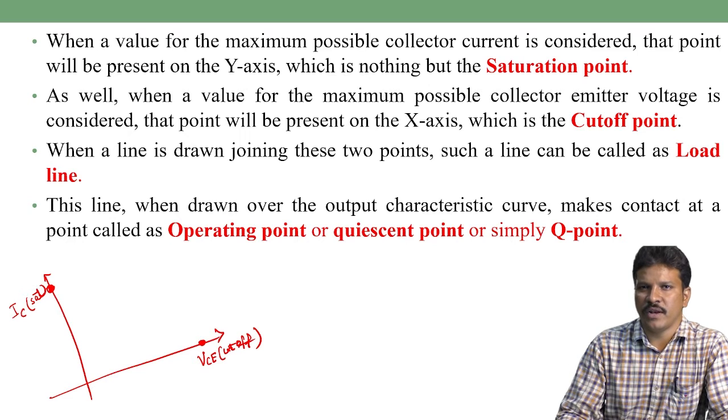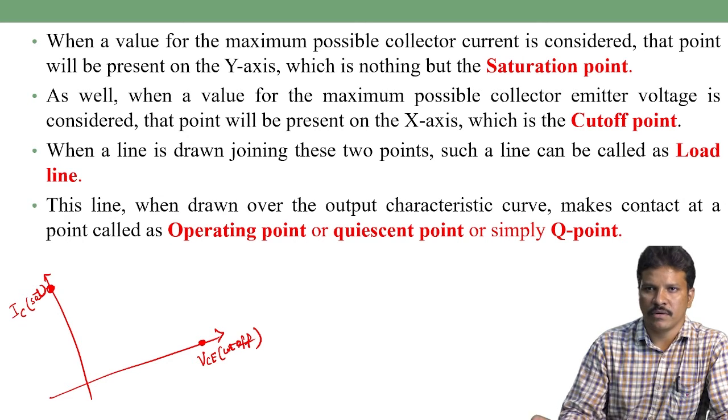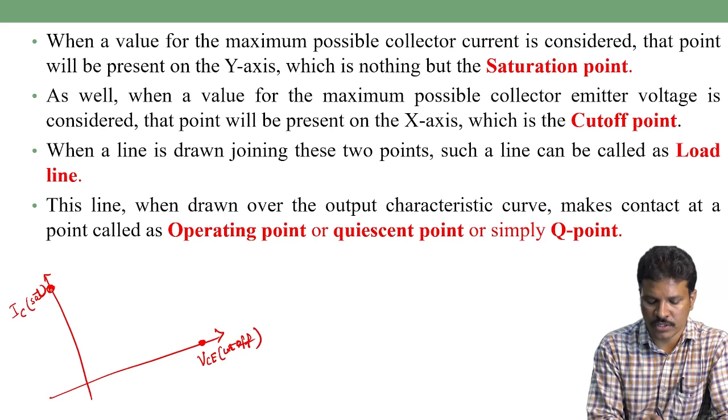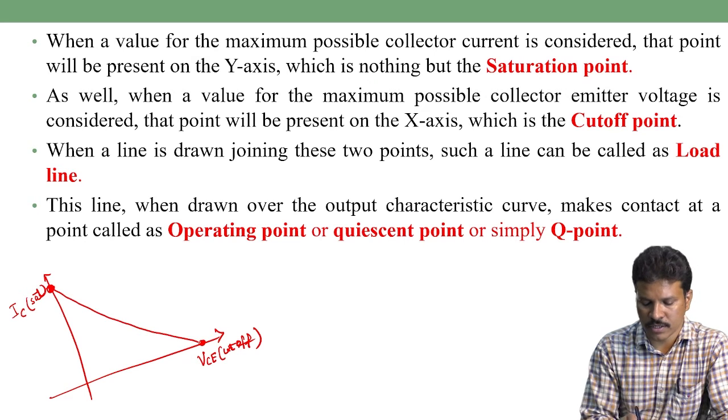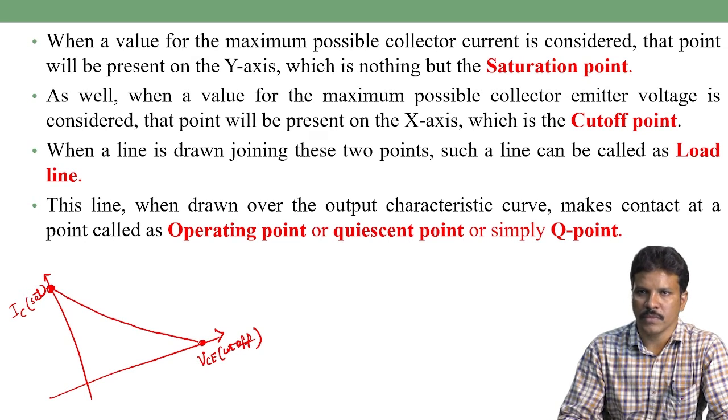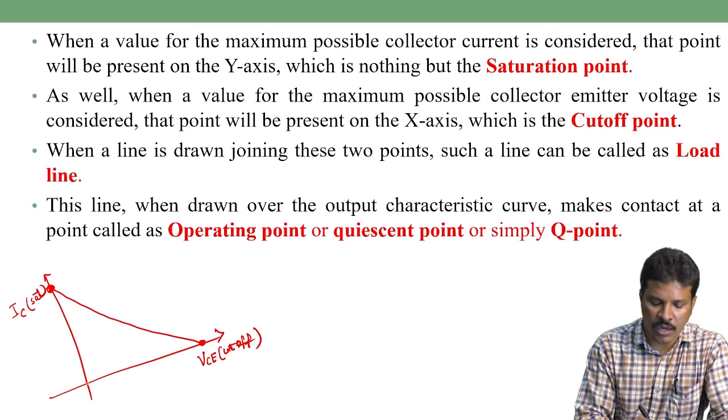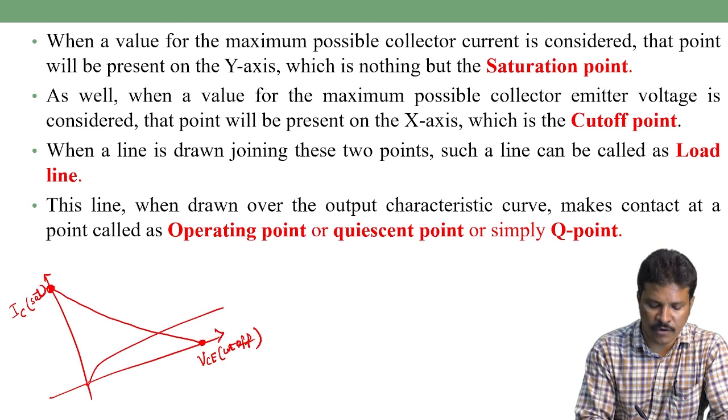When we join these 2 points over the output characteristics, let us take the CE configuration, where we get output characteristics like this.